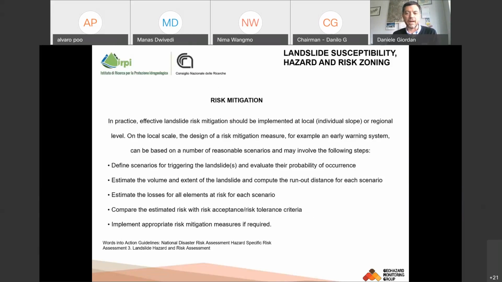That means that we are able to make a model of where the landslide could stop. And according to the area that could be involved in the landslide evolution, we are also able to make, for example, a risk assessment. So a definition of the vulnerability, considering the different elements at risk that are present in this area. That means that at local scale it is quite easier to define a risk assessment than at general scale.